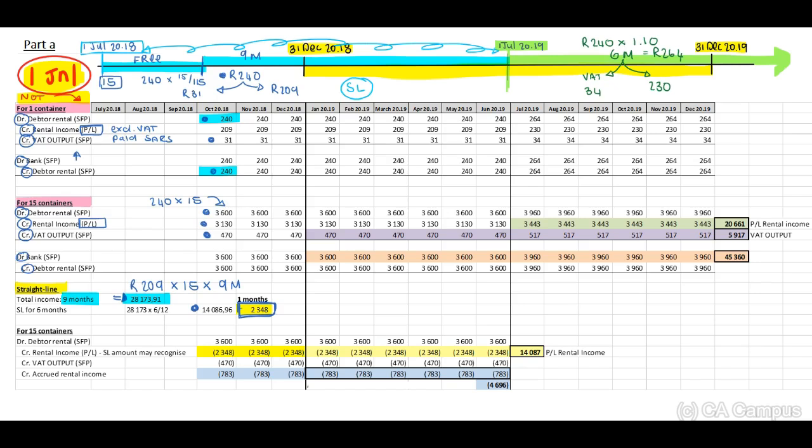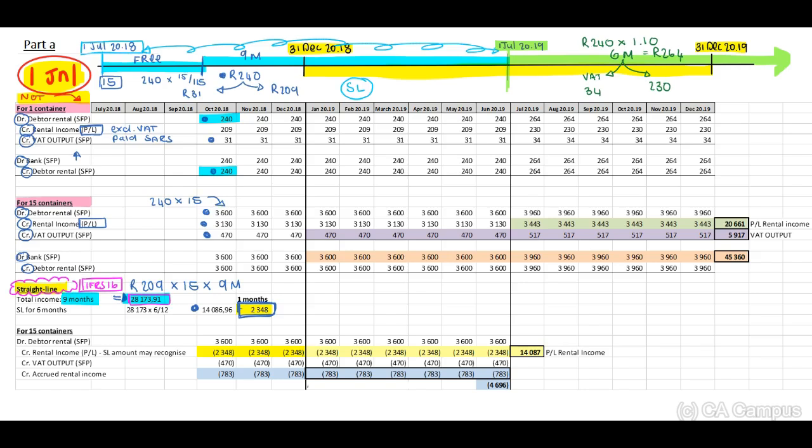Right, now guys, we need to remember our straight lining. Therefore, when we have to straight line in terms of the principles of IFRS 16, we have determined that the total income for the 12-month period, because they receive 3 months for free, the total income for the 12-month period will be this 28,174.